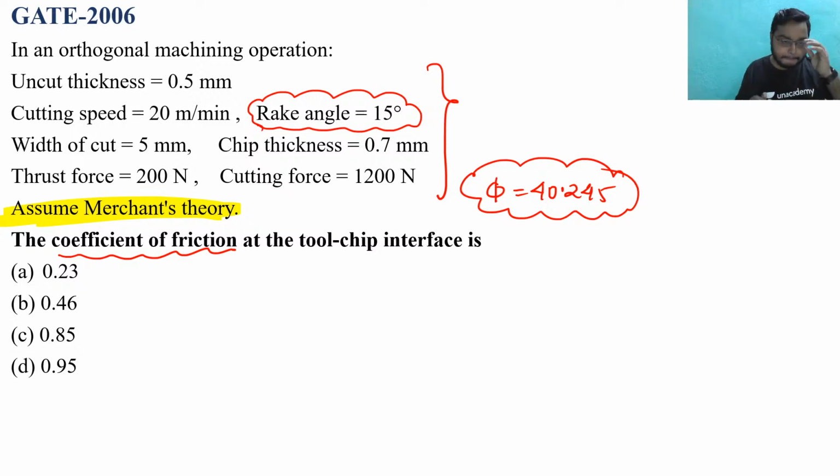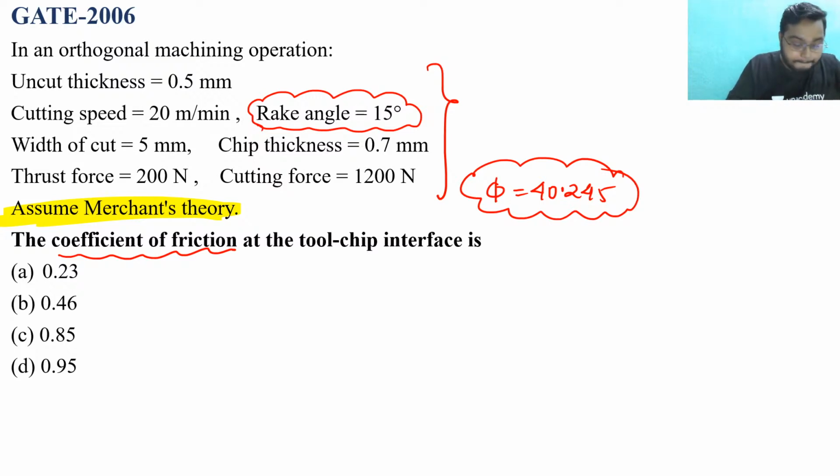Coefficient of friction, how can you find it? 0.46.